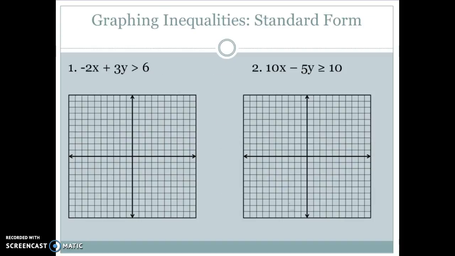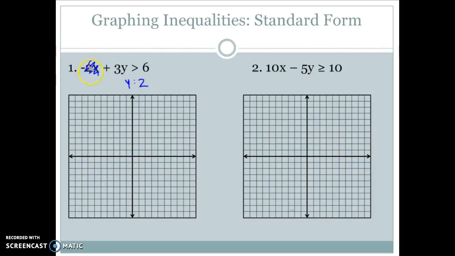So, for example, this first one, even though it's technically not standard form, we're still going to graph it the same way. That negative a means it's not standard form, but that's okay. If I imagine covering up my x and solving for the y, 3y equals 6 means that my y-intercept is at 2.